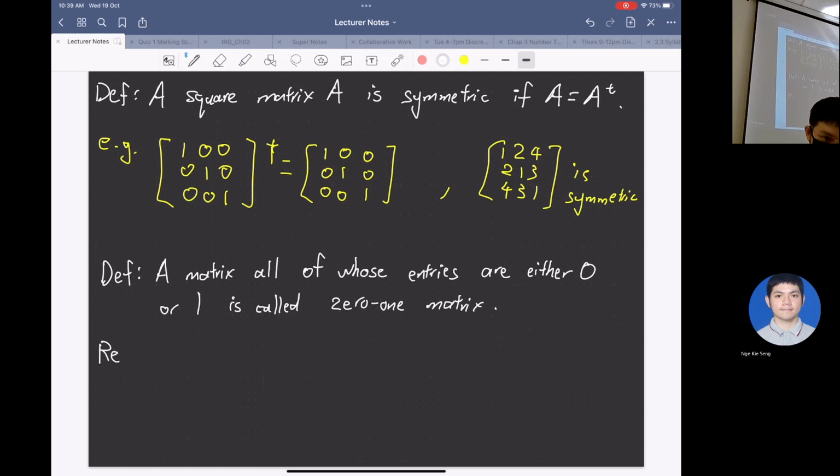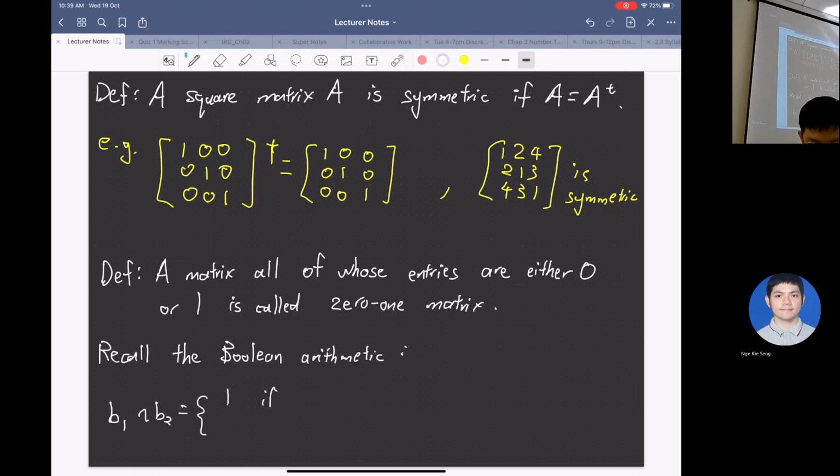Recall the Boolean algebra, the Boolean arithmetic. It is the AND and OR, the intersection and the union. If B1 and B2, you get 1 if both of them are 1, and 0 otherwise.